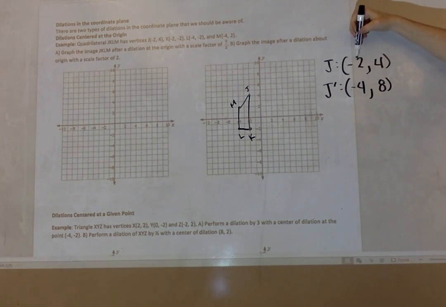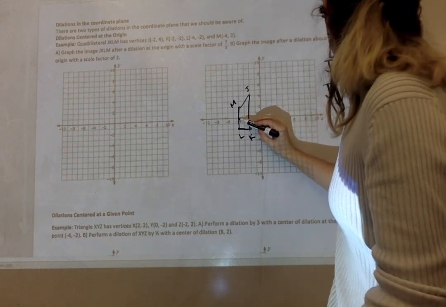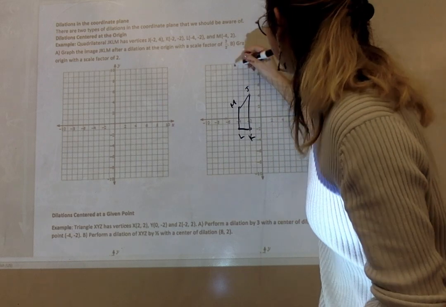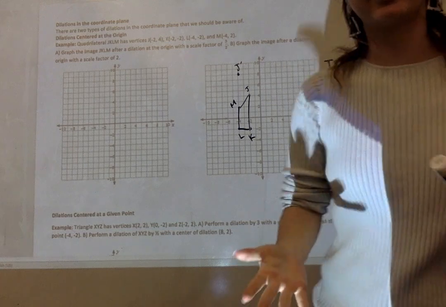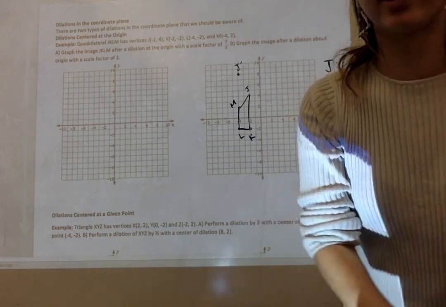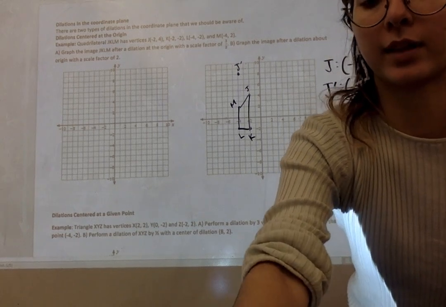Because I doubled, -2 times 2 is -4, 4 times 2 is 8. So J prime will be at -4 and 8. So J prime is up here now. Okay? And I'm going to continue that process for the other points. I'll try and use different colors. That way it's easier to see.